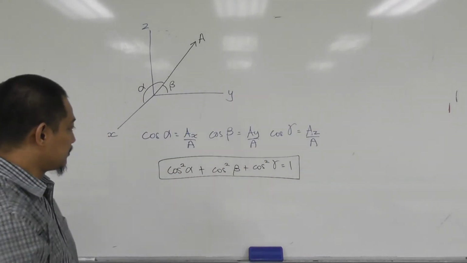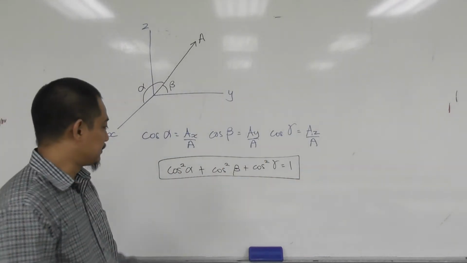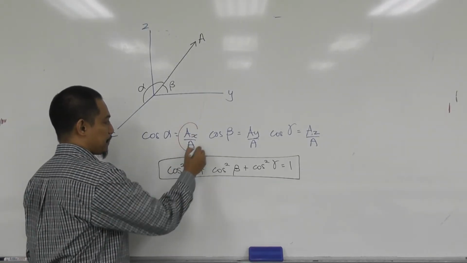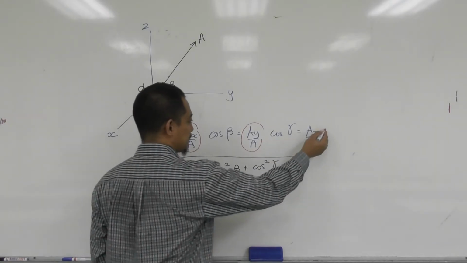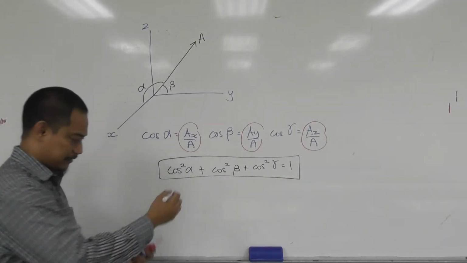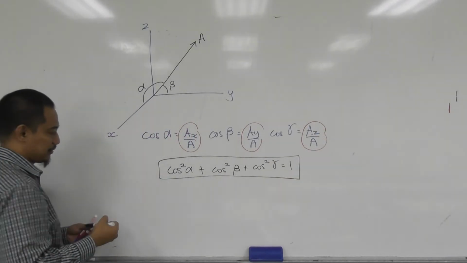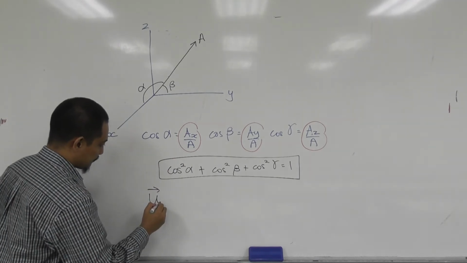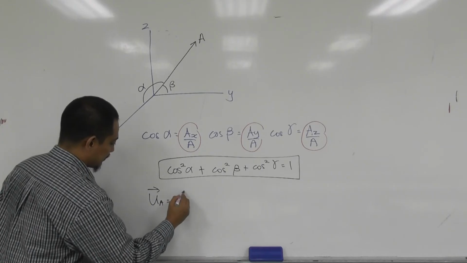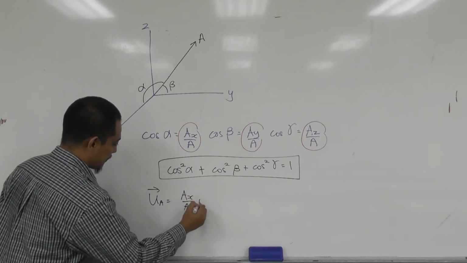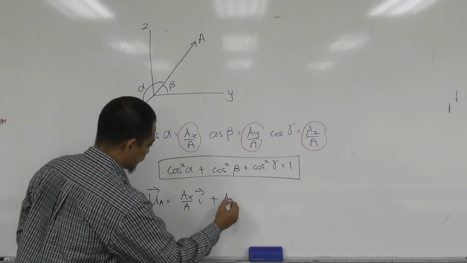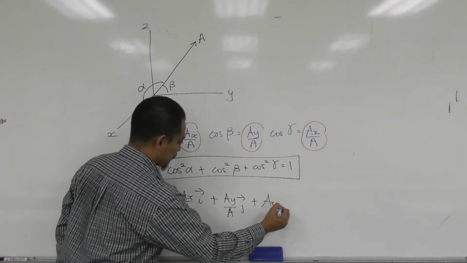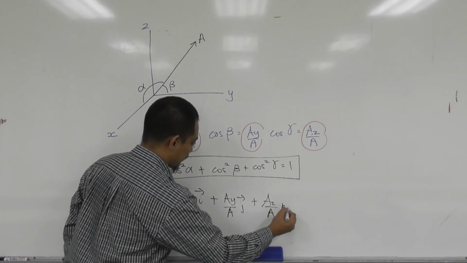And I'm not sure if you can notice this one. Is it familiar? We have erased it just now, but if you still recall, the unit vector of A is basically ax over A i plus ay over A j plus az over A k, right?